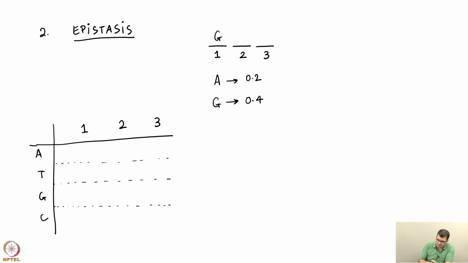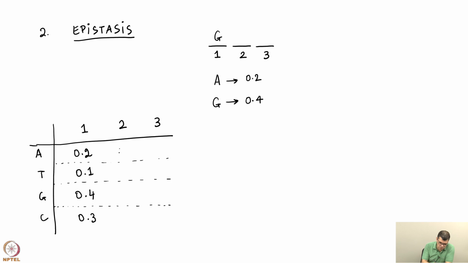If we look at the correlation between the fitness and the DNA sequence through this prism, what we see is that A at 1 gives 0.2, G at 1 gives 0.4, let us say T gives 0.1 and C gives 0.3.